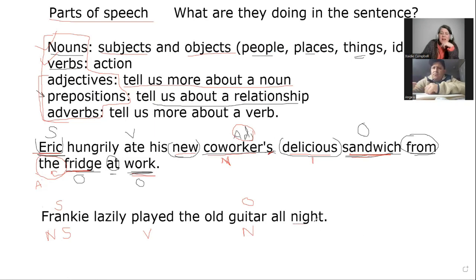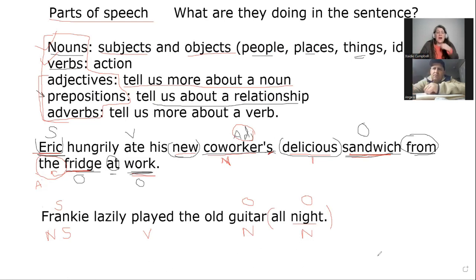I would say night is a noun. It's an object too. Everything that's not your subject and is a noun will be your object. So there's actually all night. That's a prepositional phrase. All through the night, all night. It's a time phrase, right?